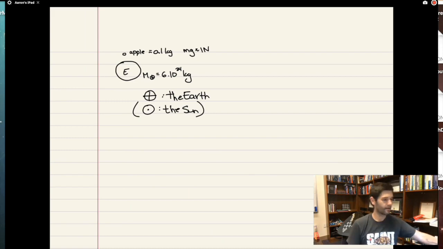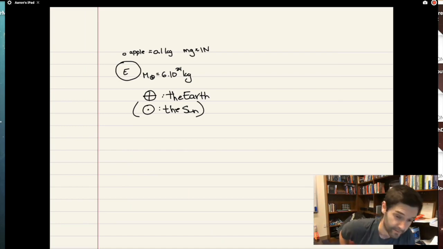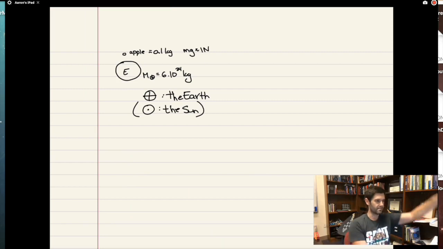Anyway, here's the question. I release an apple from 2 meters or so above the ground. It falls towards the ground because of the gravitational pull between the Earth and the apple. The apple seems to be doing all the motion. It accelerates at 9.8 meters per second squared. We can measure that and verify it experimentally.